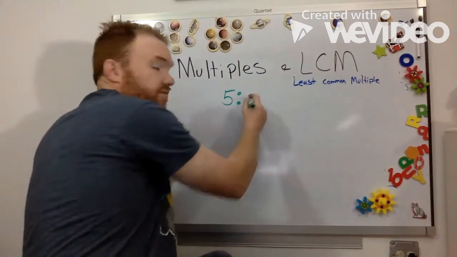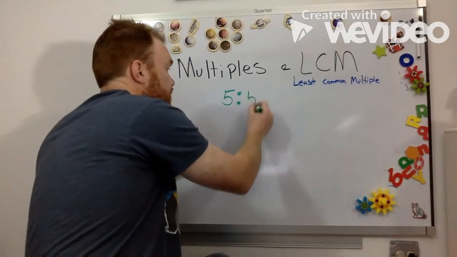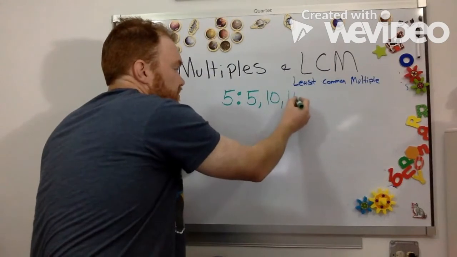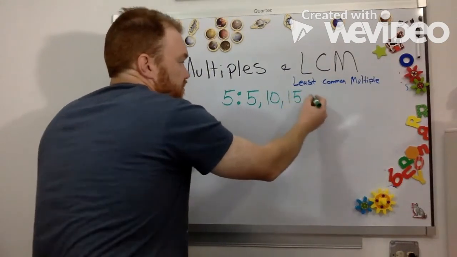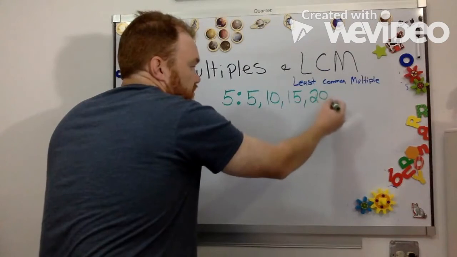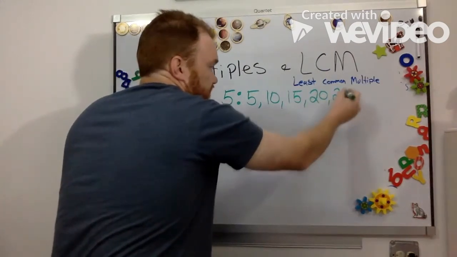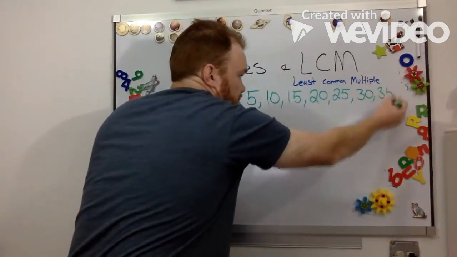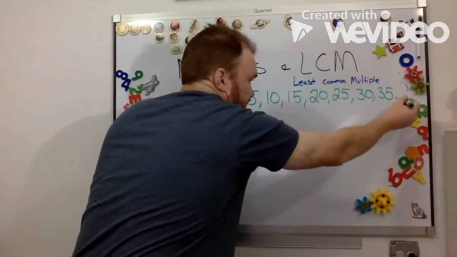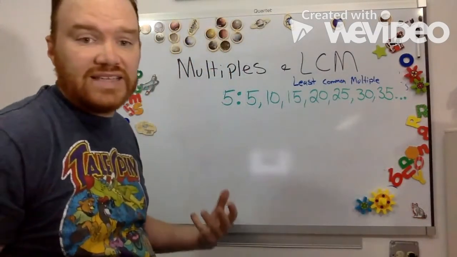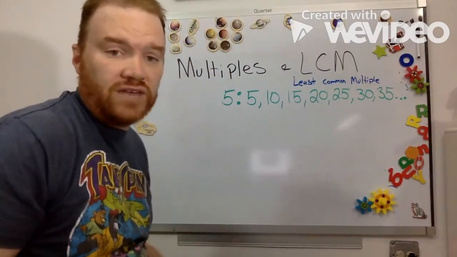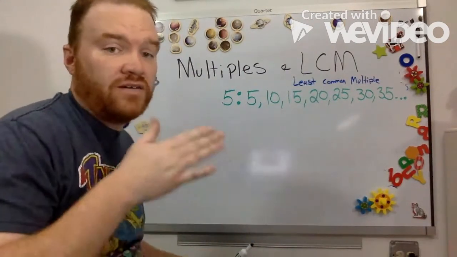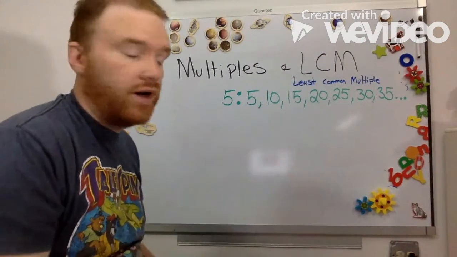So in this case, we have 5, 10, 15, 20, 25, 30, 35. And I'm going to do dot, dot, dot at the end because that lets me know it goes on forever. Whenever we list multiples of a number, the multiples go on forever, to infinity.